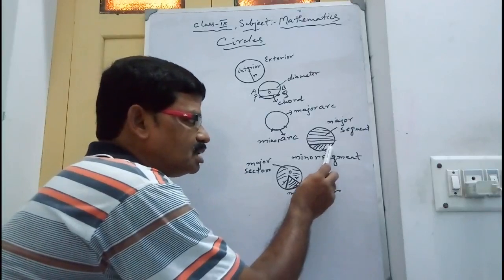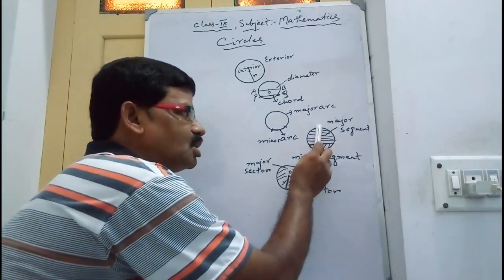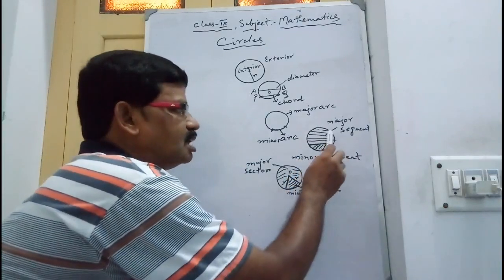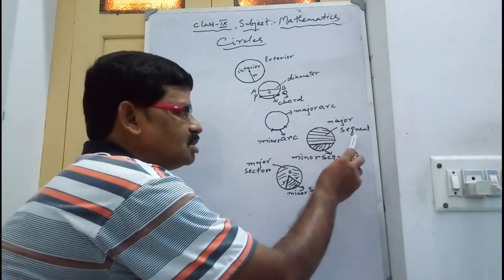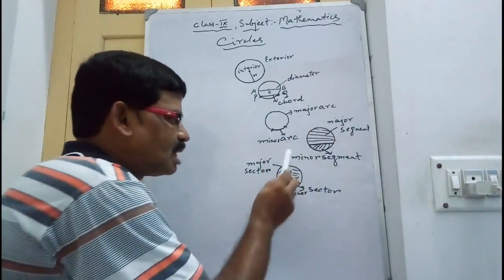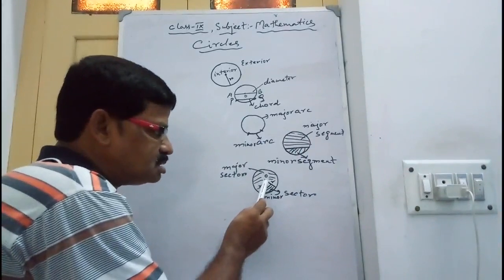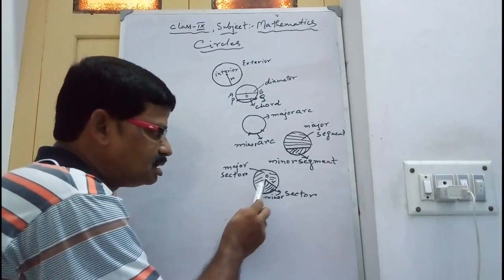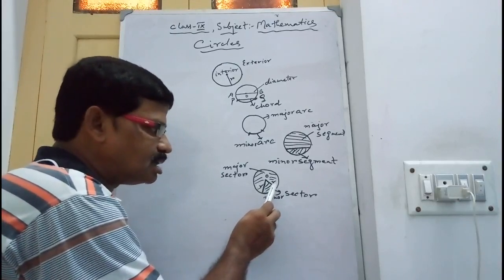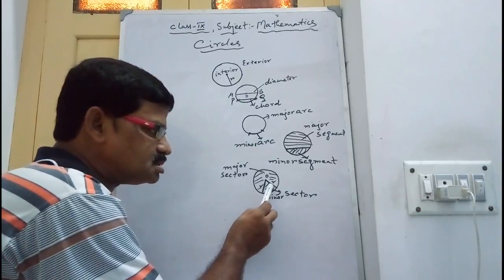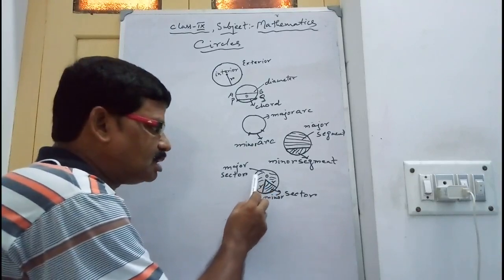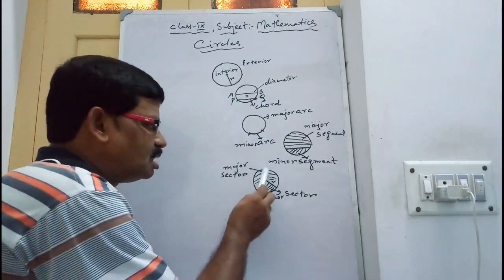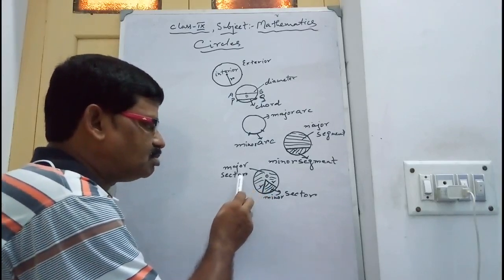If this one is smaller than the remaining part, then it is known as minor segment, and the bigger one is known as major segment. Last one is sector. The area made by radius and arc. If this one is smaller in respect of the remaining part, then it is known as minor sector, and the remaining one is known as major sector.